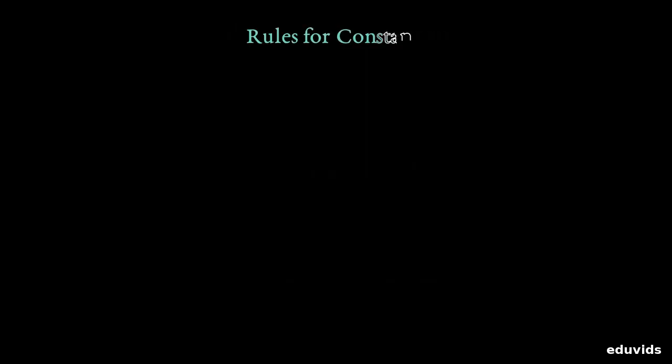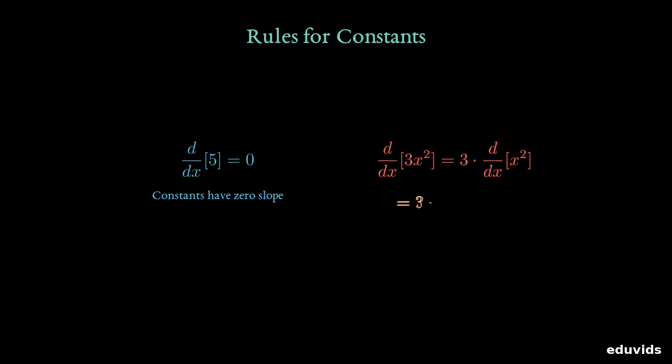If you have a constant number like 5, the derivative is 0 because a constant does not change. If you have a constant times a function, like 3 times x squared, you just multiply the constant by the derivative of the function. The derivative of 3 times x squared is 3 times 2 times x, which is 6 times x.